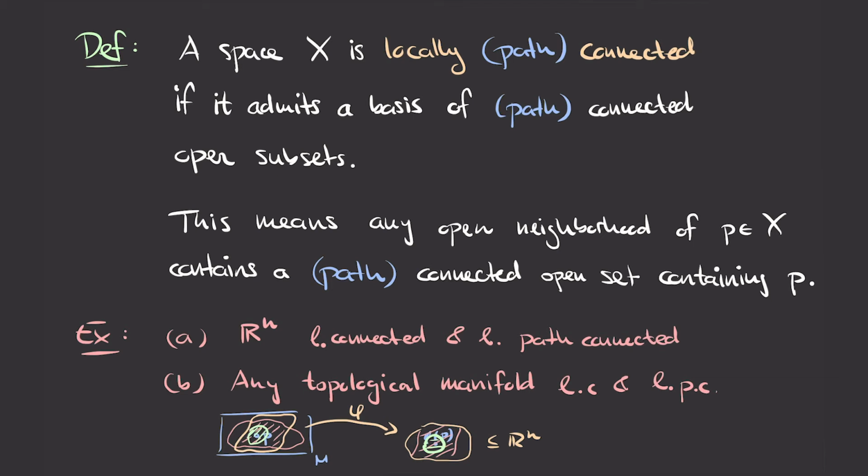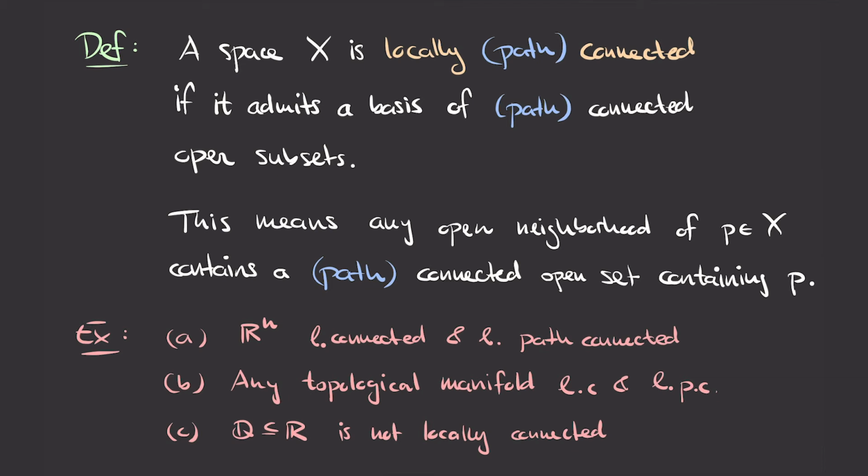The reason this works is because homeomorphisms preserve all of these topological properties like openness, connectedness, and path-connectedness. Another way to think about this would be to construct a basis for our manifold based on the pre-images of the open balls in Rn under these homeomorphisms phi that define the local Euclidean structure.